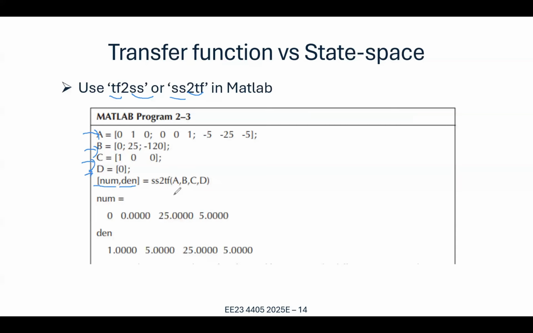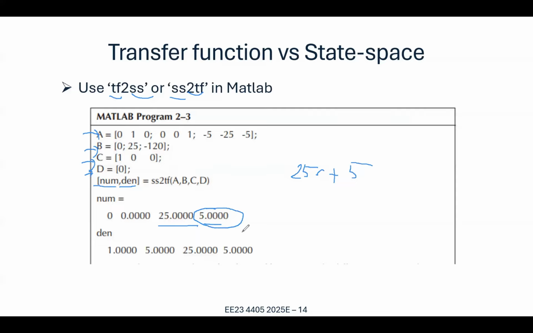So for example, for this, we get the transfer function 25, because there is 25 here, 25s plus 5. So the last number that comes here is the number that corresponds to zero order.